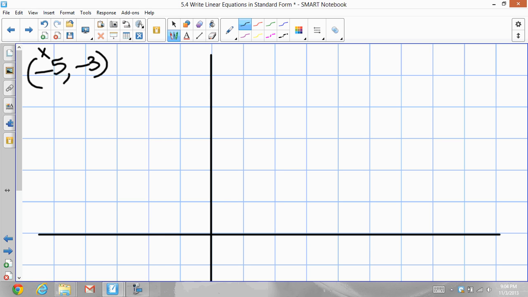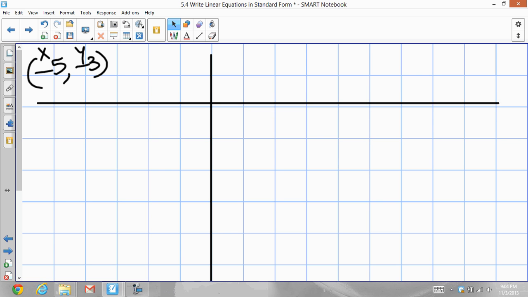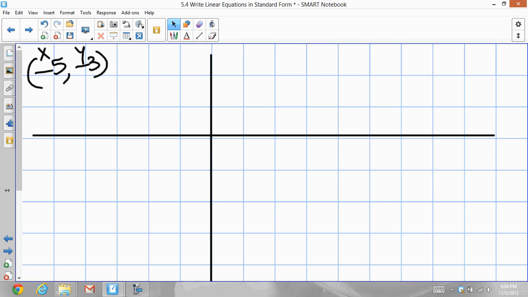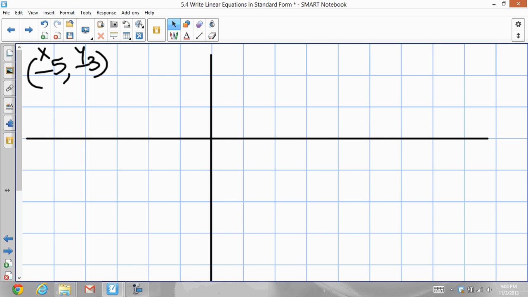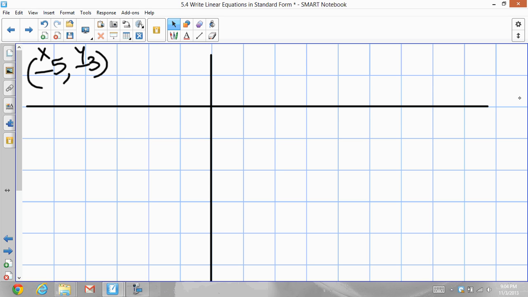So this is my x and this is my y. My horizontal line is going to go through negative 3. So this is my x-axis and this is my y-axis and this is my point of origin 0, 0.